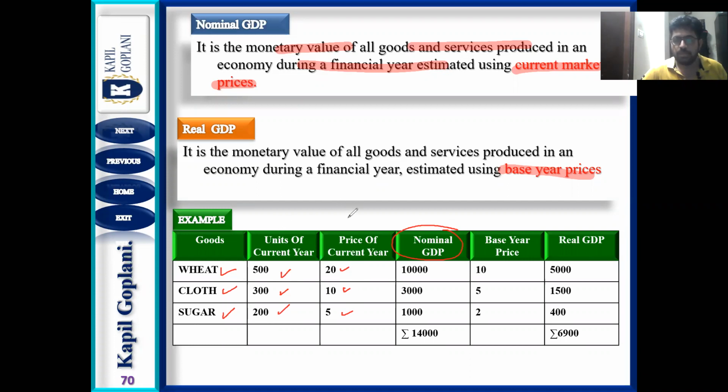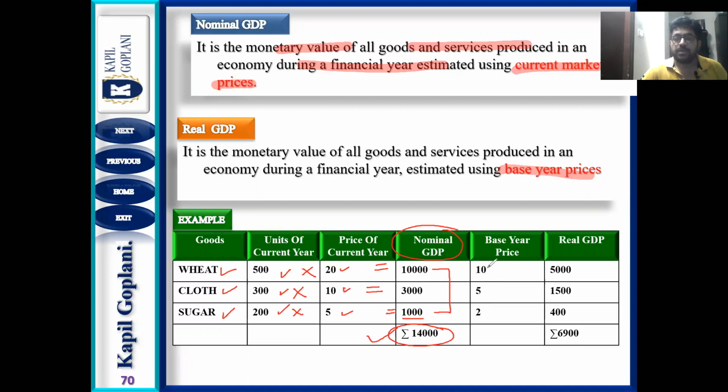I already told you how we calculate nominal GDP, from the current year price. So multiplying 500 into 20, I get 10,000. 300 into 10, I get 3,000. 200 into 5, I get 1,000. Overall total, 10,000 plus 3,000 plus 1,000 gives me a total of 14,000.